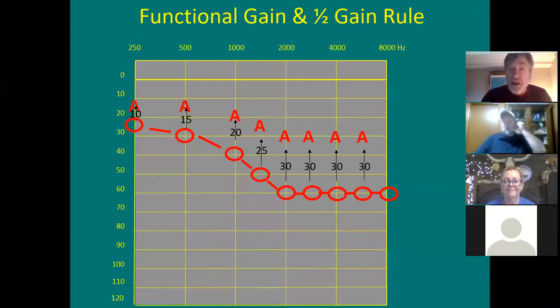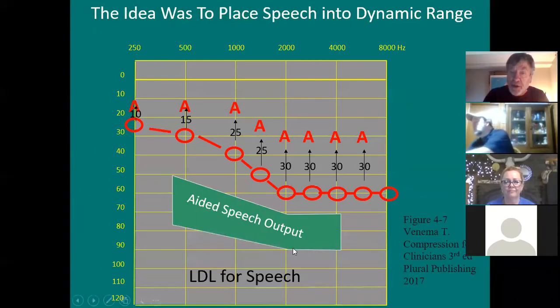But you did this because your hoped for output would be that aided speech would sit nicely in the listener's dynamic range. Here's loudness discomfort level, here's his thresholds, so that aided speech would be lifted up by about 30 dB instead of by the full degree of his loss.